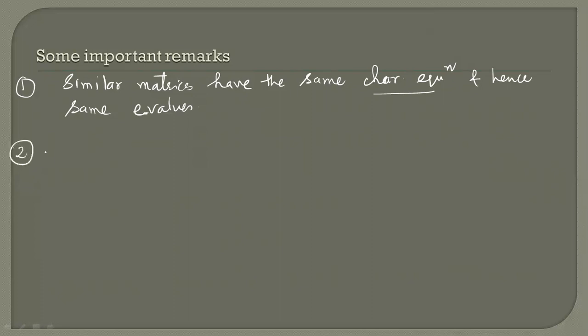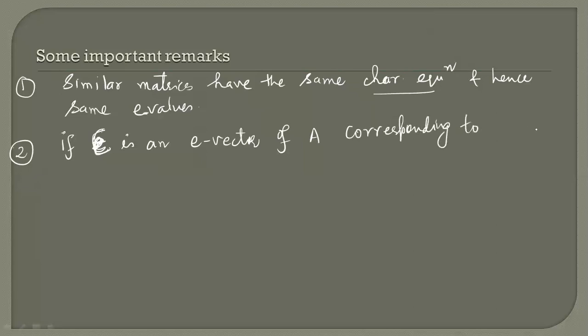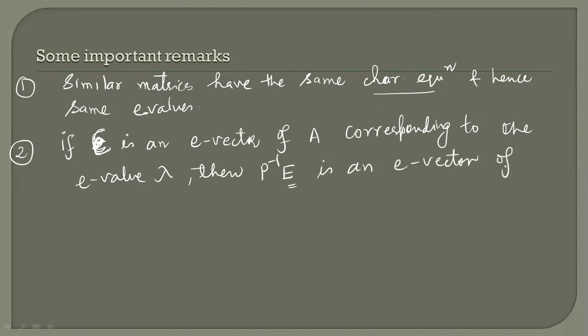The second result is: if E, call it capital E, is an eigenvector of A corresponding to the eigenvalue lambda, then P inverse E is an eigenvector of matrix B corresponding to lambda.